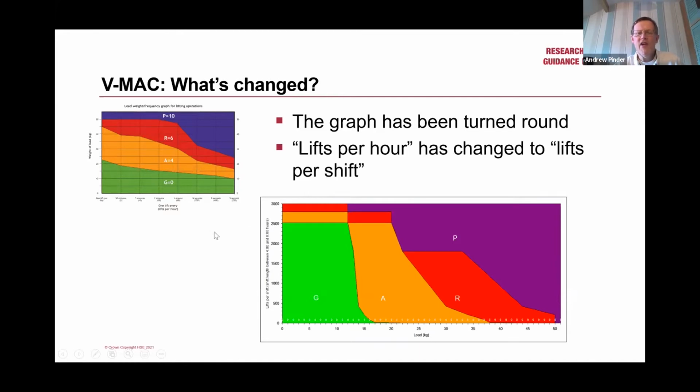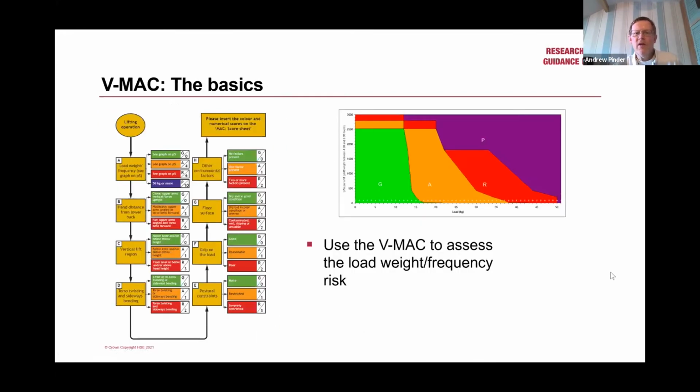And I've changed lifts per hour into lifts per shift. The color code, the color bands, the shades are slightly different, but basically they mean the same. And that's very, very deliberate. So you can use the VMAC to assess the load, weight and frequency risk.